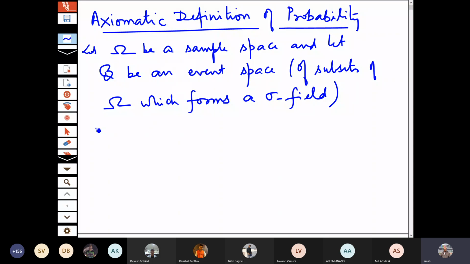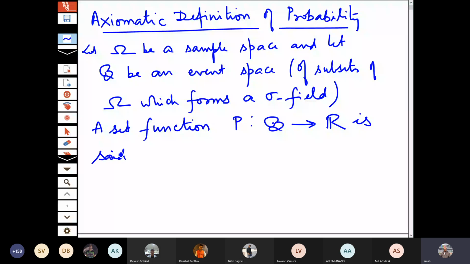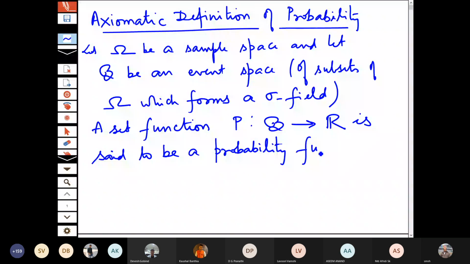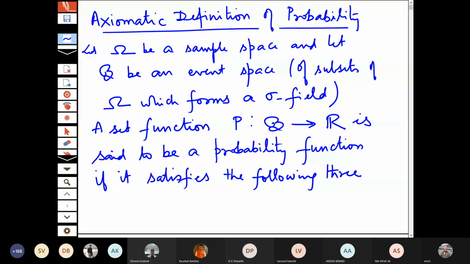So we say a set function P from B to the set of real numbers is said to be a probability function if it satisfies the following three axioms.